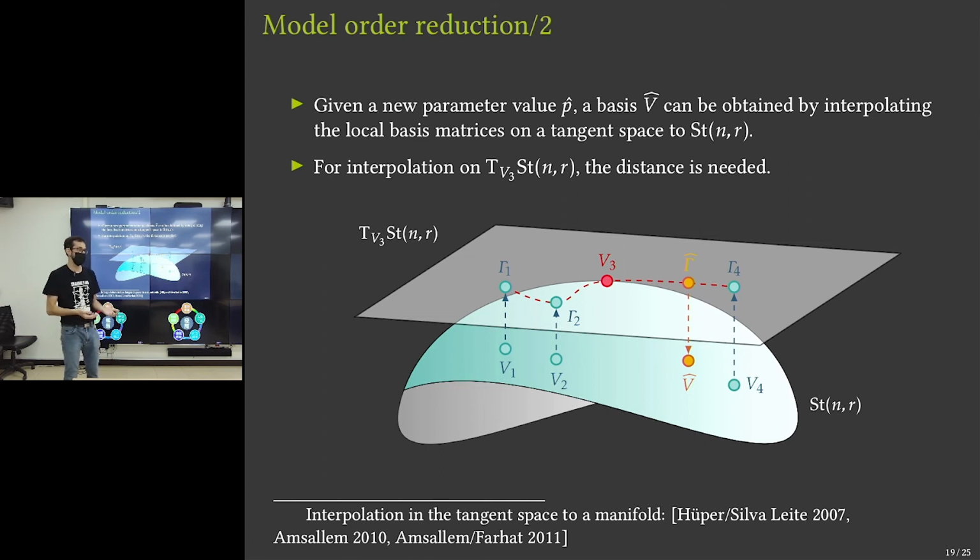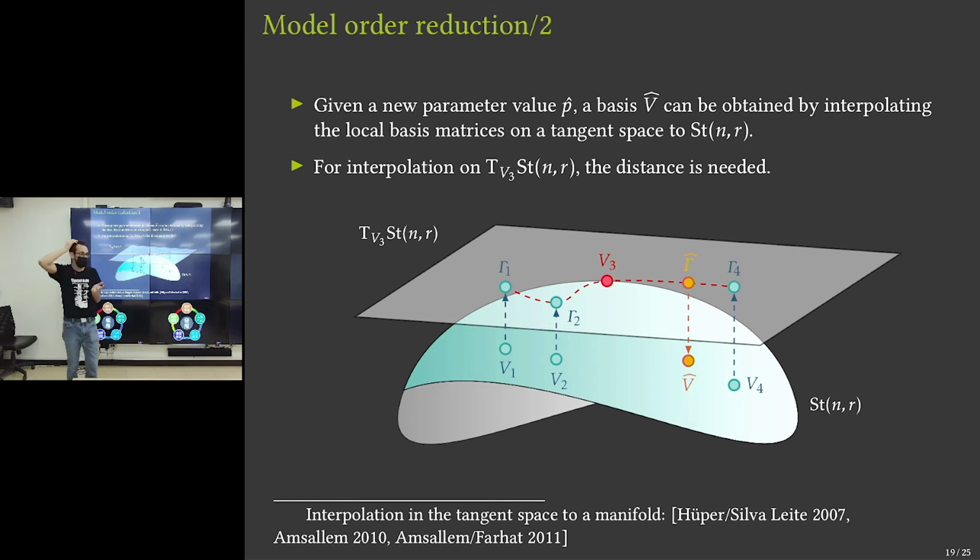It can be linear interpolation, quadratic interpolation, whatever you want. So we do interpolation in Euclidean space. Let's say that we find a gamma hat. And once we have found the gamma hat, we use the Riemannian exponential or another projection to find the new orthonormal basis on the Stiefel manifold.